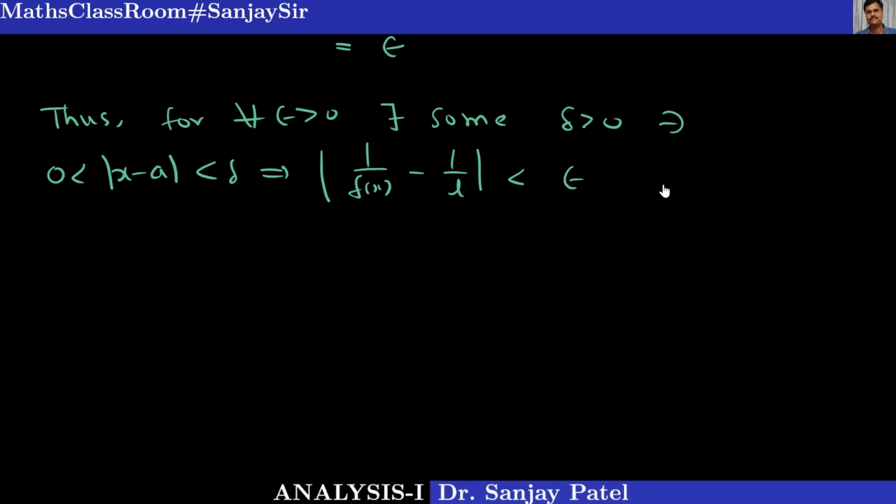This thing is proved. So that is nothing but limit x tends to a 1 upon f(x) is equal to 1 upon L.